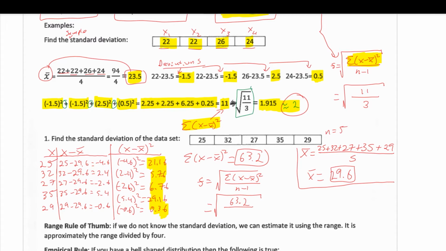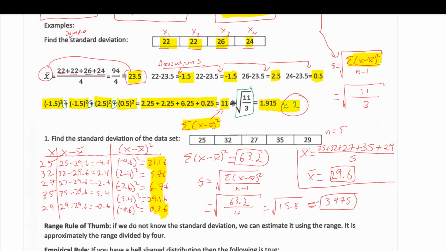So n minus 1 would be 4. Divide those, you get 15.8. And finally running that through your calculator and rounding to 3 decimal places, I get something like 3.975 is our sample standard deviation for this data set of 5 values.